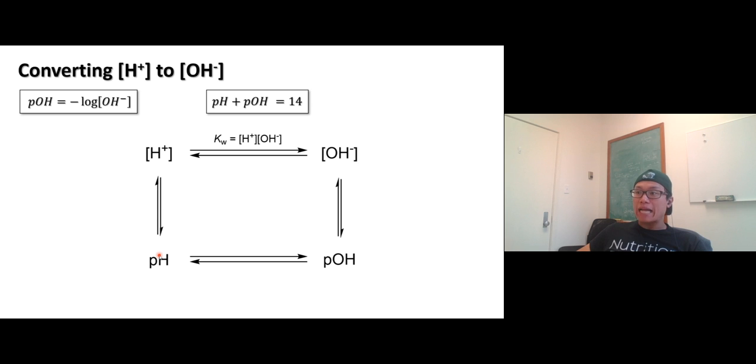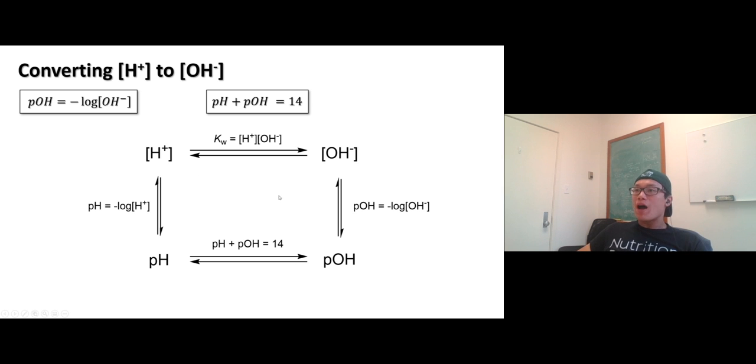Proton to pH, that's pH equal to negative log of the concentration of acid. That's the definition of pH. pOH can be calculated back and forth between hydroxide ion and pOH using the definition: pOH equals negative log of the concentration of hydroxide ion. And lastly, pH plus pOH equals 14. That's it.